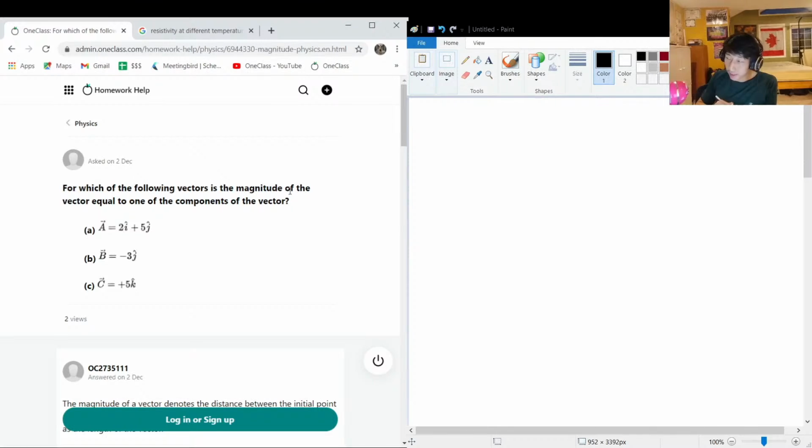Now, how do we find the magnitude of a vector? We do it like this. I'll write it out. So we have the magnitude of a vector. Suppose we have a vector v.